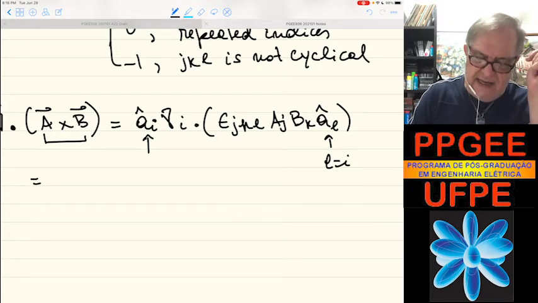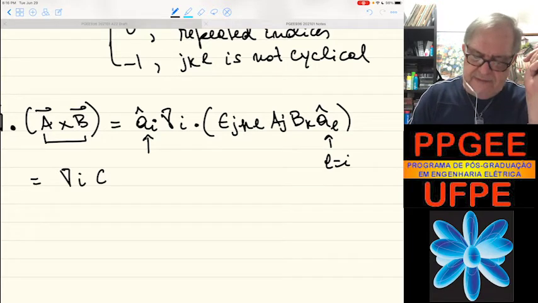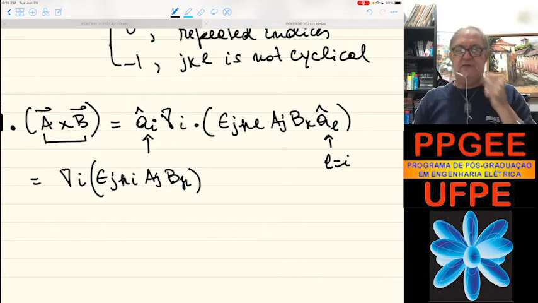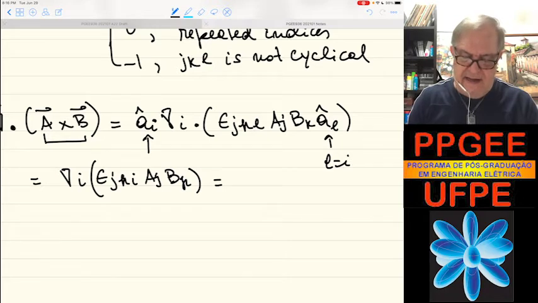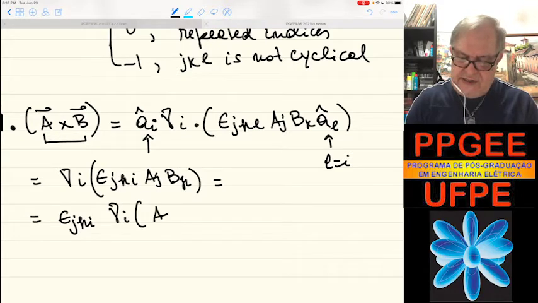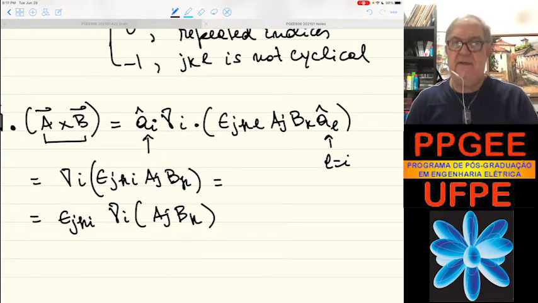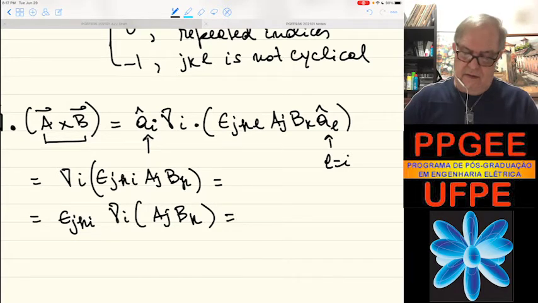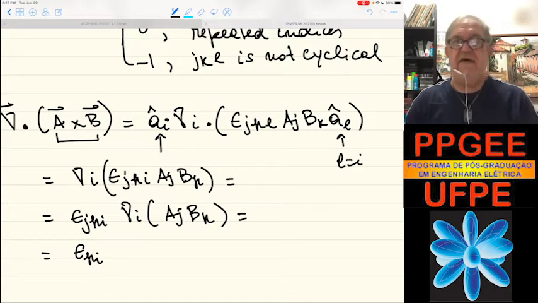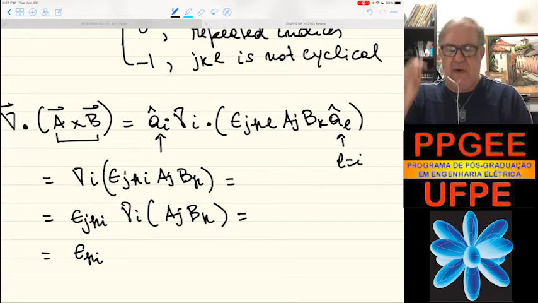So here I have to use l equals i. This is going to be nabla_i epsilon_jki a_j b_k. The epsilon can be put outside of the operation, so I have a chain rule here: nabla_i of a_j b_k. So it's epsilon_jki, then I have a chain rule for the derivative of a product.